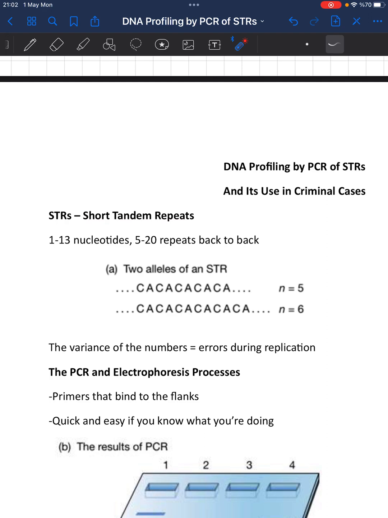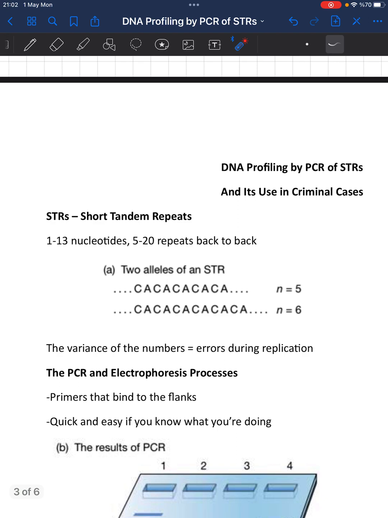They can be from 1 to 13 nucleotides, and these are repeated tandemly, like this STR made up of CA nucleotides and 1, 2, 3, 4, 5. This is the number of repeats for this certain STR.